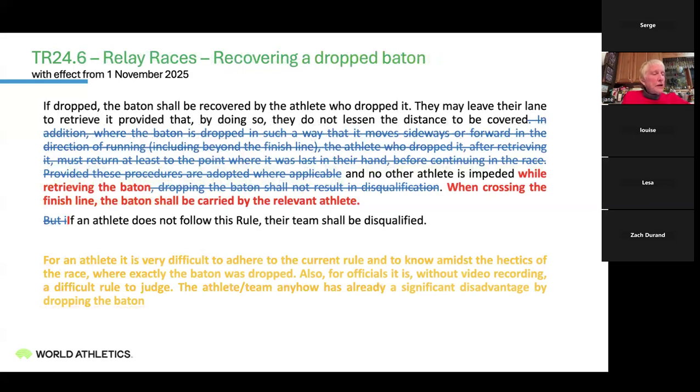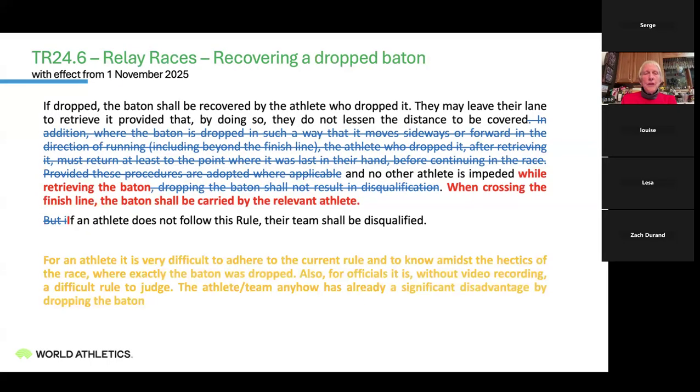Here's one that I think you track referees and anybody who's had to judge a relay exchange zone is going to like. We are talking about recovering a dropped baton. If dropped, the baton shall be recovered by the athlete who dropped it. No change there.